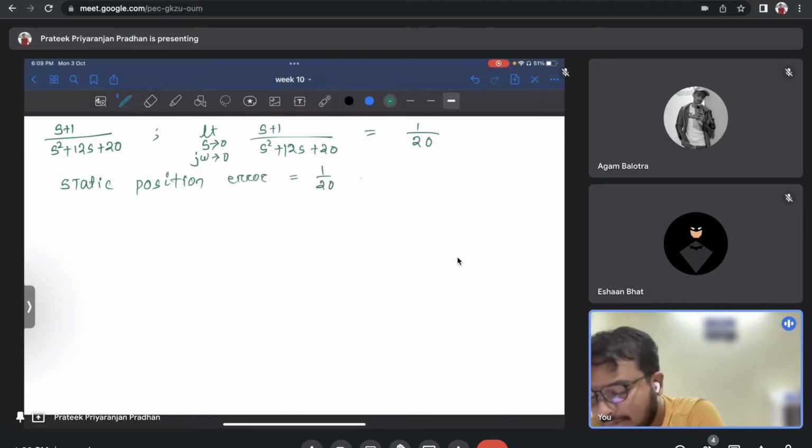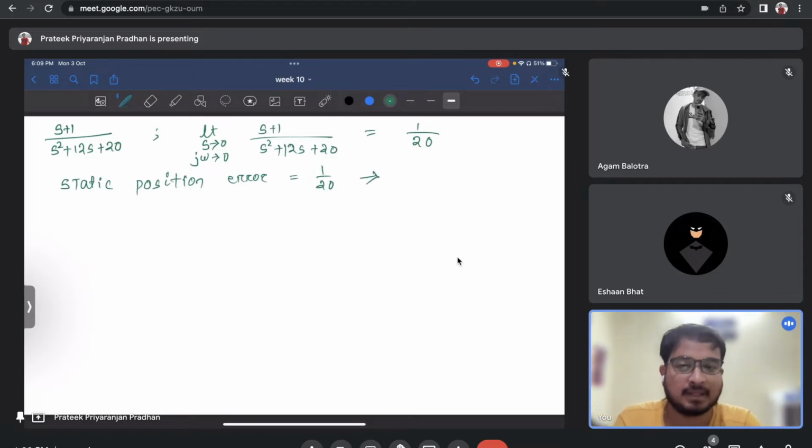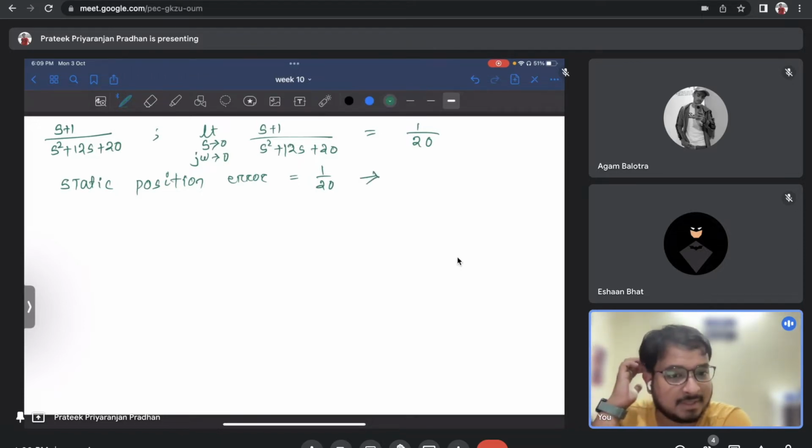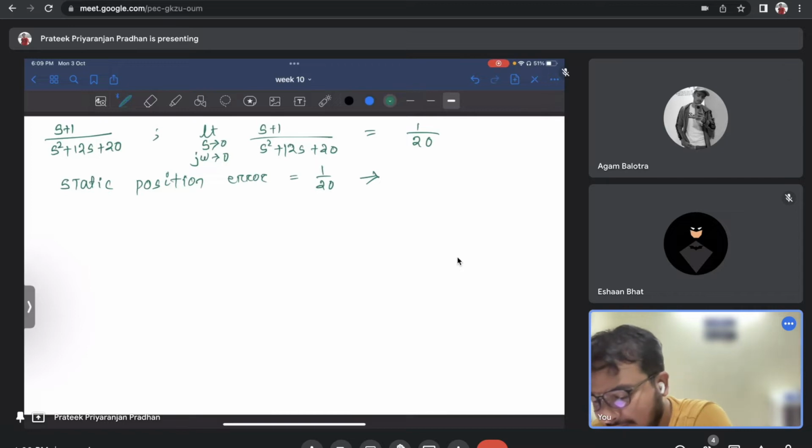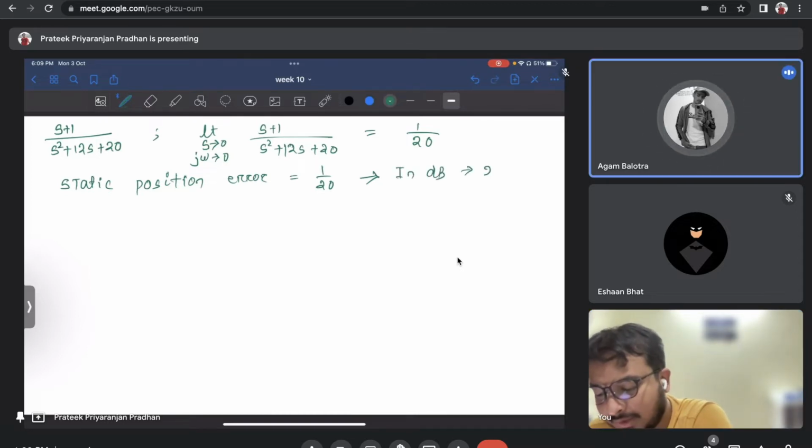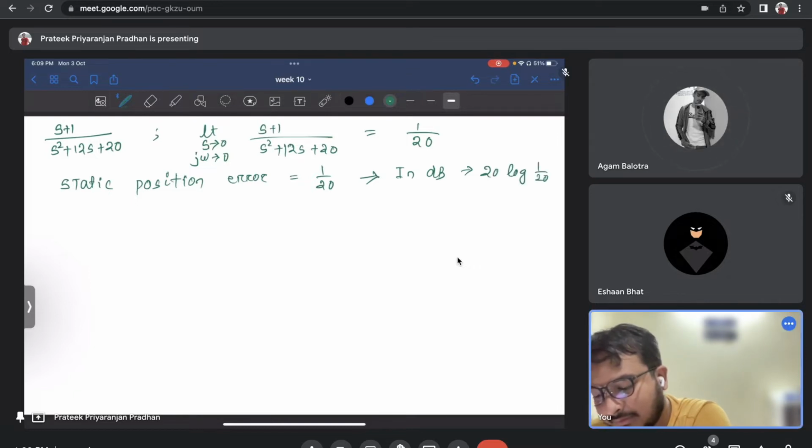What happens if I want to make it in dB scale? This is in linear scale. In dB scale, it will be 20 log base 10 of 1 by 20.